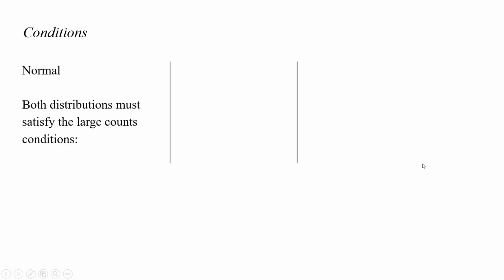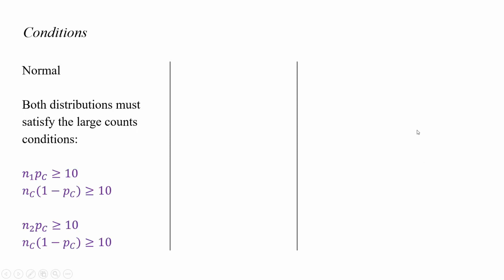Your conditions are going to be the same as they were for confidence intervals, except for one small but important change. Normal: both distributions must satisfy the large counts conditions in order to be normal. Here's the difference between confidence intervals and significance testing for a difference in two proportions. We are going to use something called P sub C in our normal condition check.